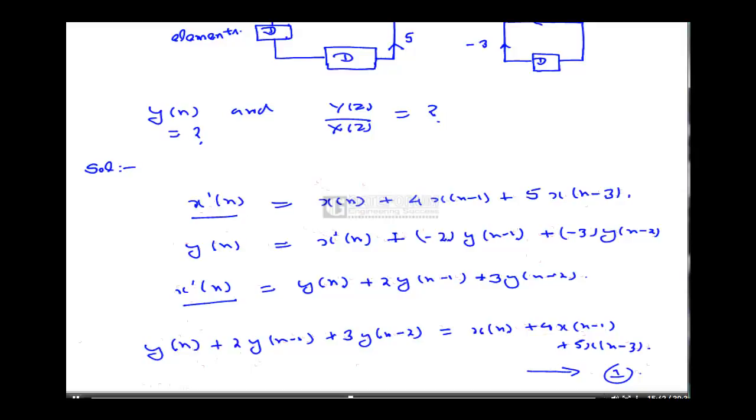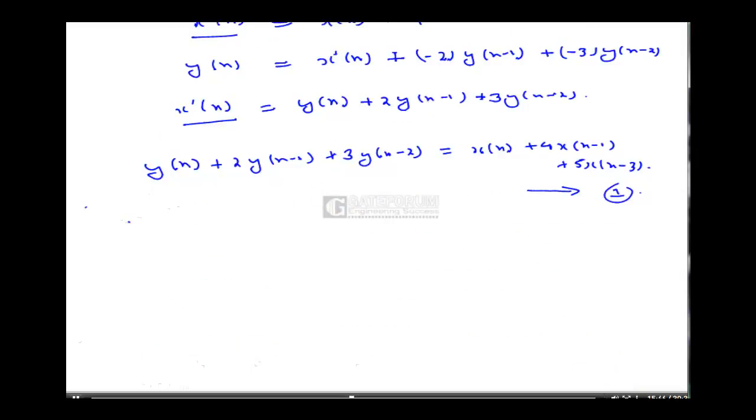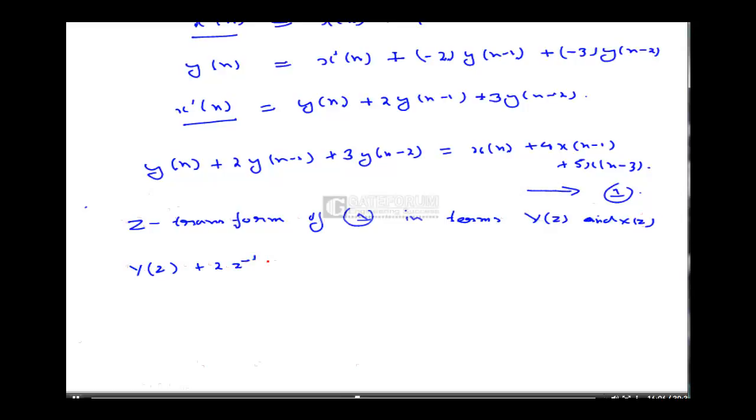To find the z transform of the above expression in terms of Y(z) and X(z), I can write Y(z) plus 2 z to the power minus 1 Y(z) plus 3 z to the power minus 2 Y(z) equals X(z) plus 4 z to the power minus 1 X(z) plus 5 z to the power minus 3 X(z).